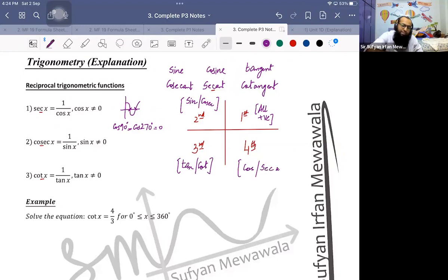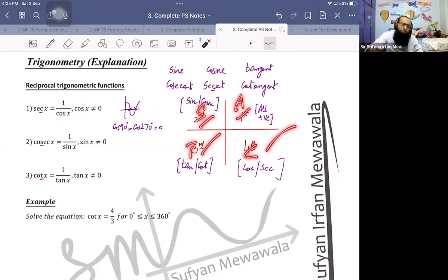So cos and sec both will be positive. So sine and cosec in the second quadrant, cos and sec in the fourth quadrant, tan and cot in the third quadrant. You must remember A, S, T, C. Add sugar to coffee, right?